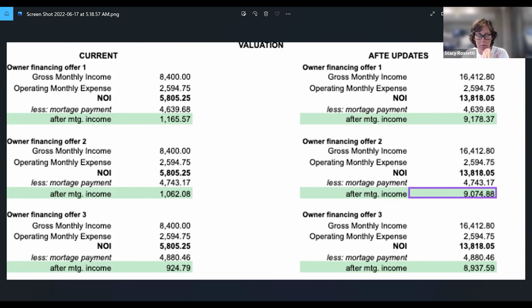I was talking with Paul about this. Like, you might be coming out of pocket. So the question is, how much are you going to be coming out of pocket? All right. But this number here that you guys are all looking at, this is really your decision on what you want to be cash flowing.